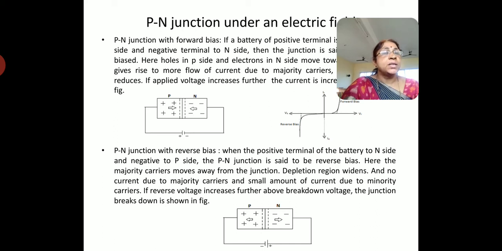The depletion region between the P and N sides widens and no current flows due to the majority carriers. But there is a small current, and that small current is due to minority carriers. If the reverse voltage increases further above some breakdown voltage, the junction breaks down, and the diode may break.